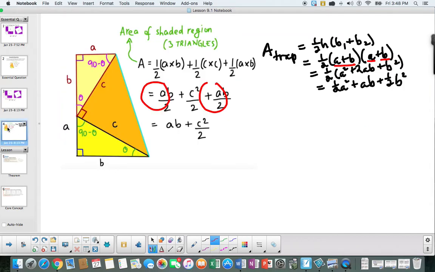Here's another area proof. We work with a trapezoid, a trapezoid with 2 right angles, and the height is a plus b, one base is a and one base is b. And we can go ahead and figure out the areas of each of these regions. Now, this first triangle is 1/2 base times height, which is 1/2 ab.